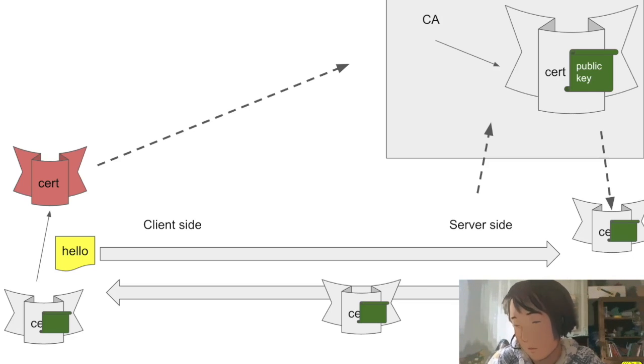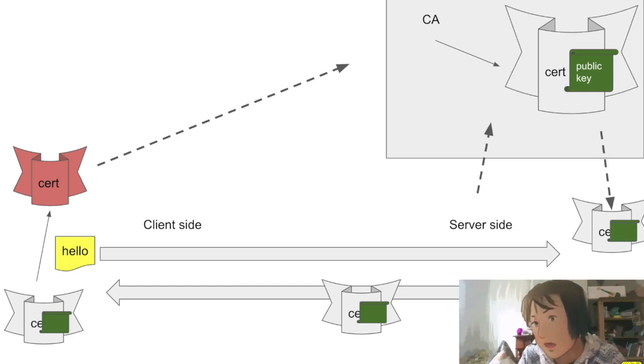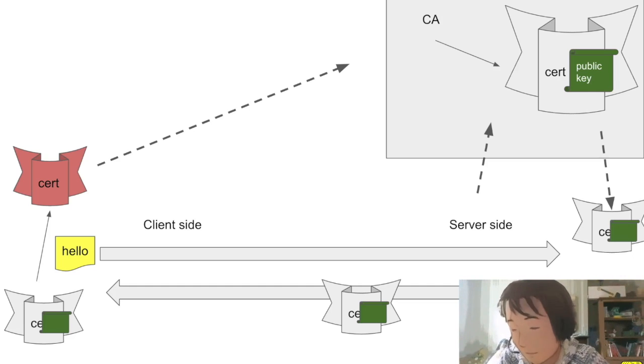For example, you have a company with 100,000 computers. When you want to use SSL, HTTPS, to make sure they communicate with each other, talking to the right person, you don't have to get a certificate from the public CAs, because it's not free. If you ask them for a certificate, they will charge you. So you can be the CA yourself and issue certificates for all of the computers in your company.